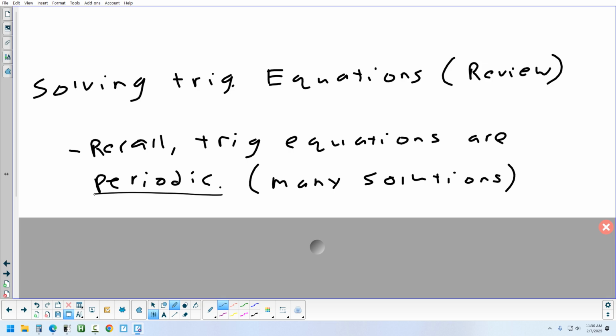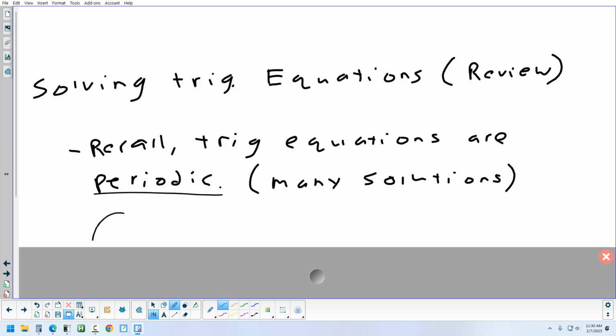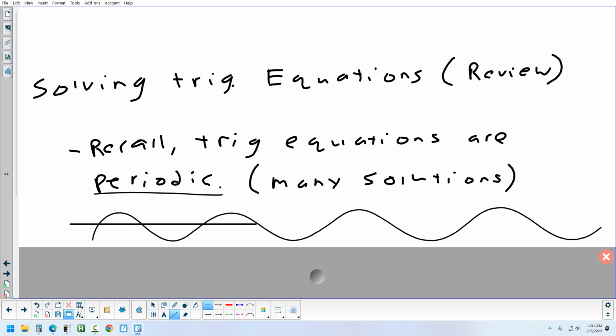And we know how often it's going to cross. So if you draw a wave, draw a line. This solution is the solution where the line hits the wave and the wave is going up. That's the same solution.